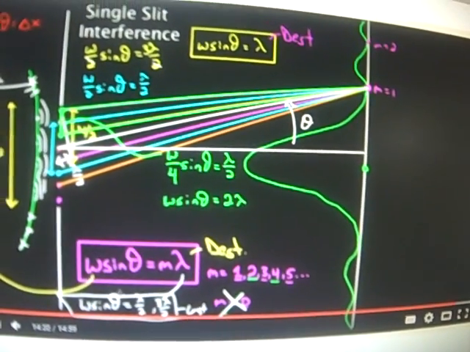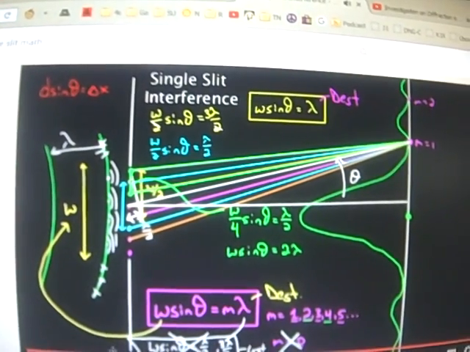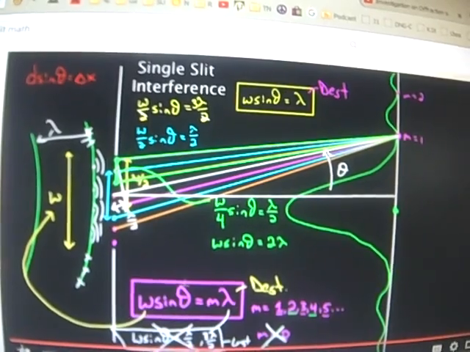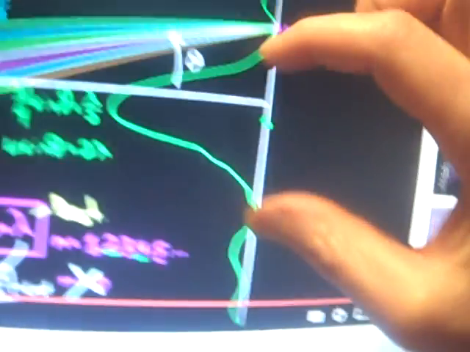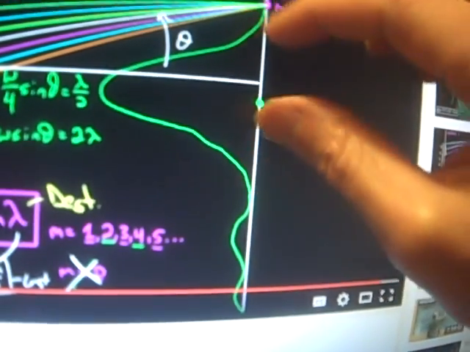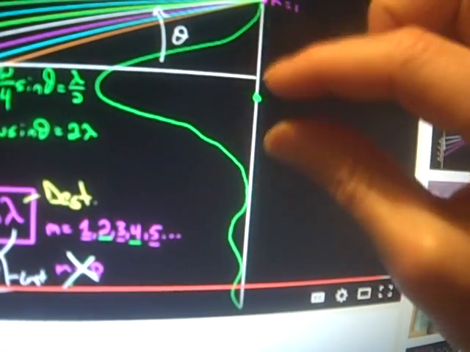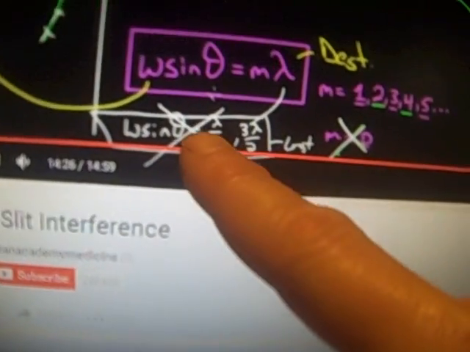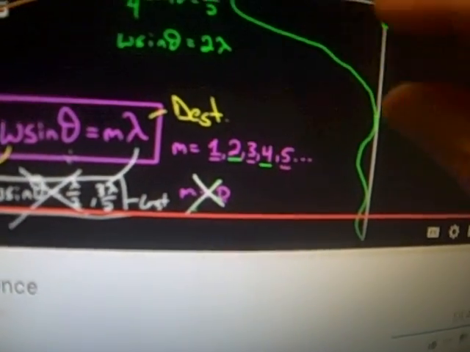If you're interested in why this does not give the constructive points, I'm going to make another video. It's only because this maxima is twice the size, but if the maxima was the regular size of the two-slit experiment, then you could get away with that. The two-slit math doesn't work on the single slit because this maxima is twice the width, 4 times the intensity. So that breaks using the same math.